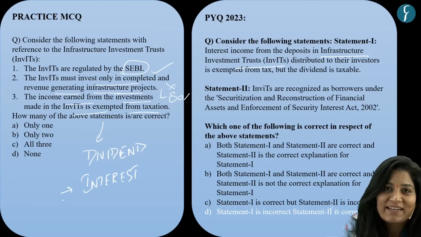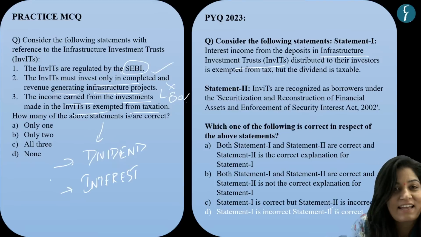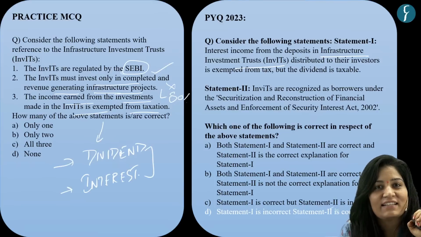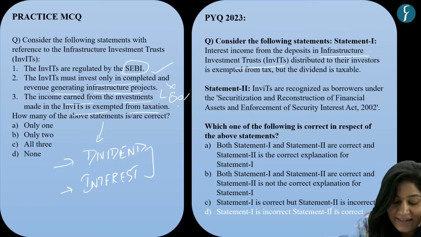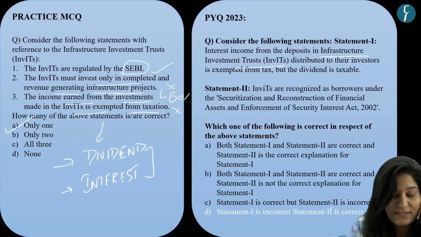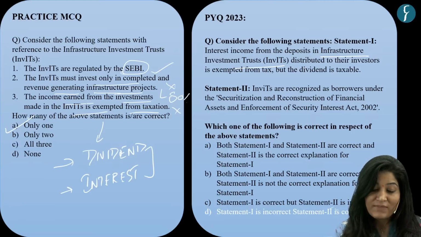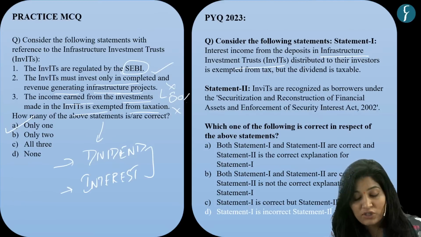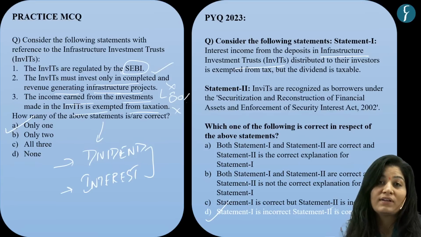They invest money on which they get dividend, and both are taxable. This makes the third statement incorrect, and that is why here our answer is only one, that is option A. And the answer of this PYQ is option D. Now, this is all for the pre-section.